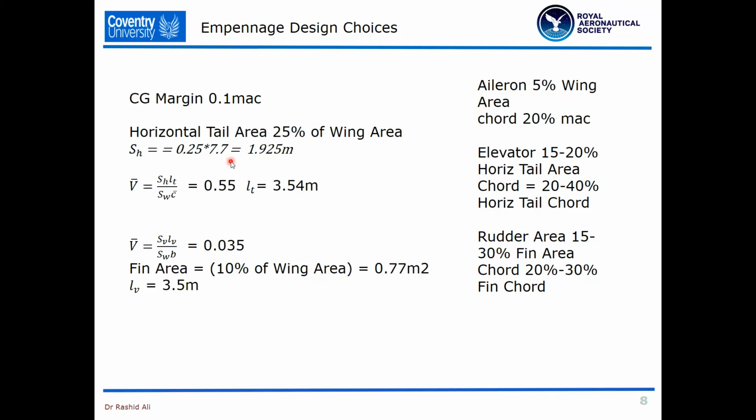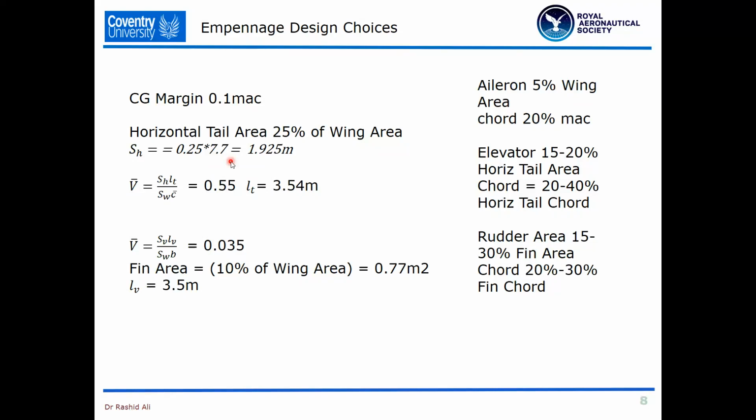So what we're going to use at this stage is to assume that we're going to produce a CG margin of around 10%. So knowing where my center of pressure is, where my wing is located, I can determine where my CG needs to be. So that's an important choice at this stage.